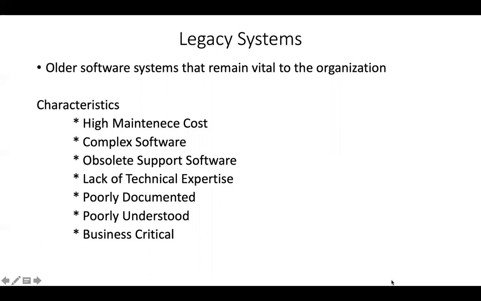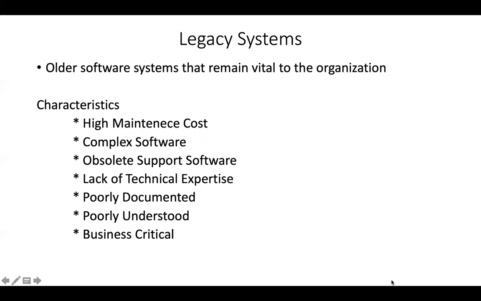It has certain characteristics. The first one is high maintenance cost, due to system factors like complexity, poor documentation, and lack of experienced personnel. The second one is complex software, due to structural degradation which occurred over a legacy system's lifetime of change.